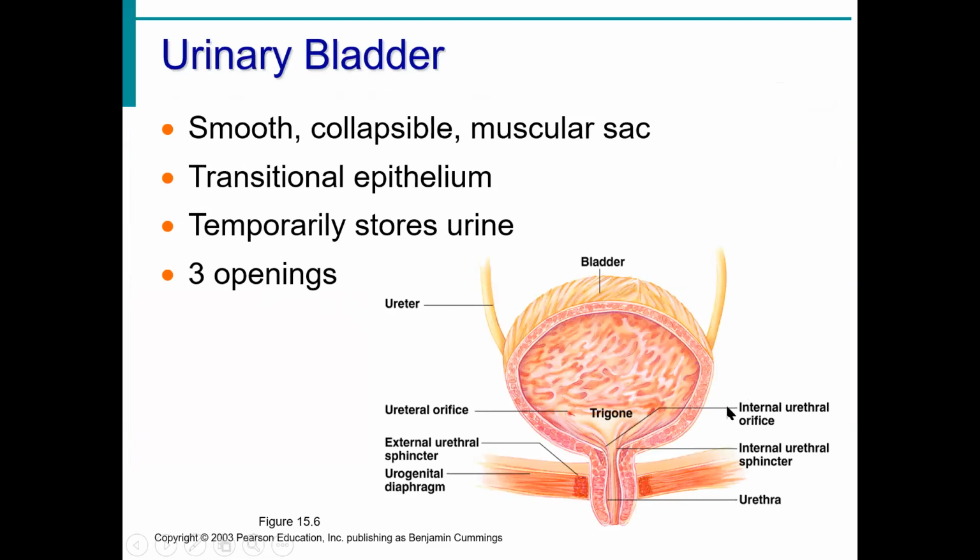I also want to mention there are two sphincters around the urinary bladder: the external sphincter and the internal sphincter. The external sphincter is made of skeletal muscle, so it is voluntarily controlled, somatic, which is why we can control when we go to the bathroom.